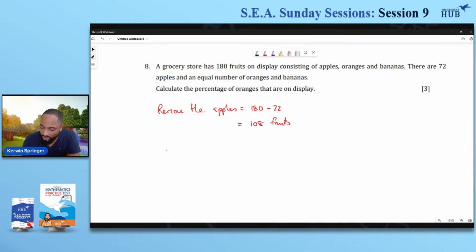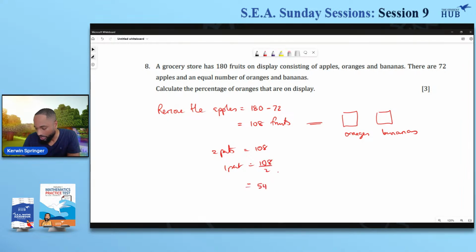And this is representative of oranges and bananas, which have the same amount. Right? Remember, equal number. So 2 parts equal 108. 1 part would be 108 divided by 2, which is 54. And that's 54 oranges, 54 bananas.